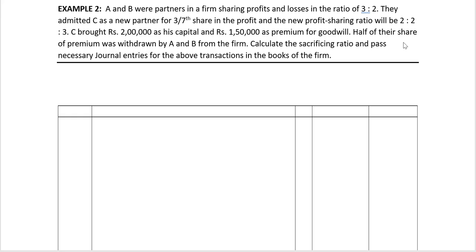Half of their share of premium was withdrawn by A and B from the firm. Calculate the sacrificing ratio and pass the necessary journal entries for the above transactions in the books of the firm. We need to calculate the sacrificing ratio, so we'll begin with the working notes.